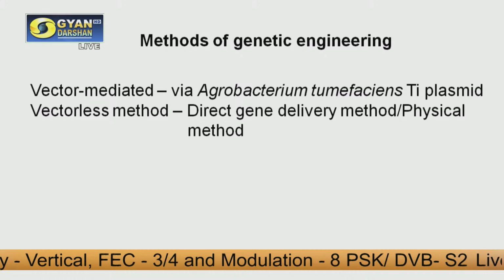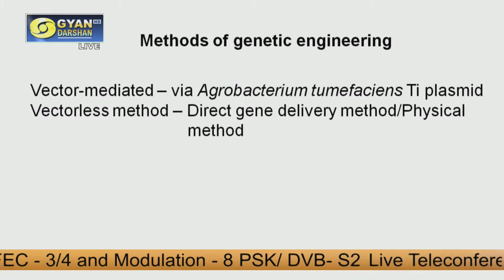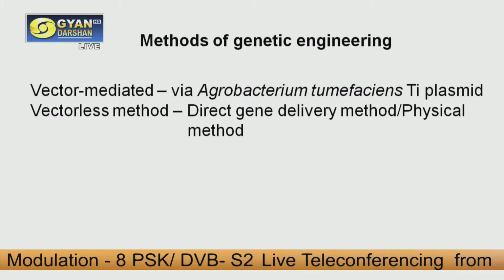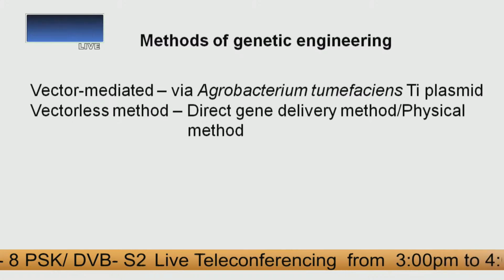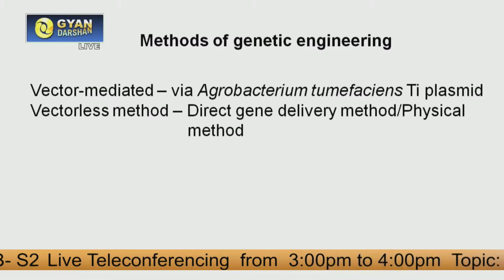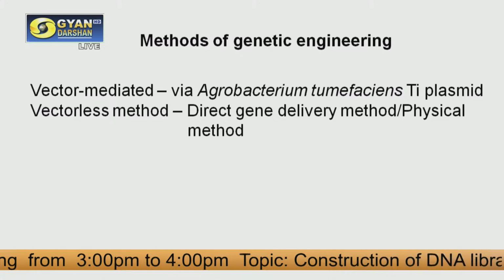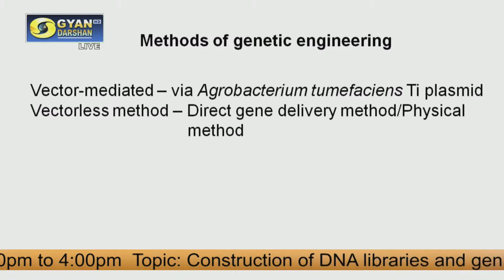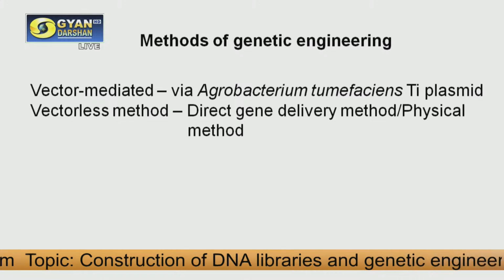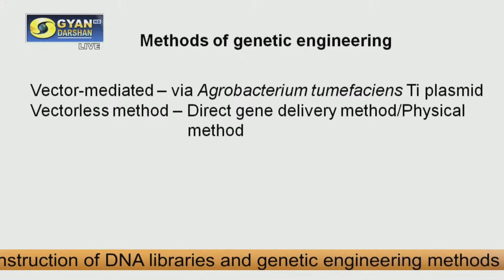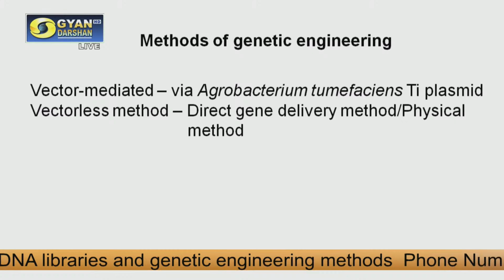But sometimes we have to go for an alternative method. Why? Because there may be certain plants which are recalcitrant to Agrobacterium tumefaciens mediated transformation. What is meant by recalcitrant?